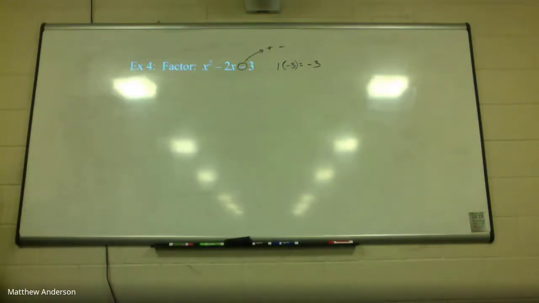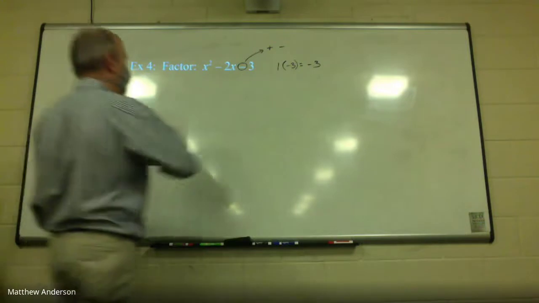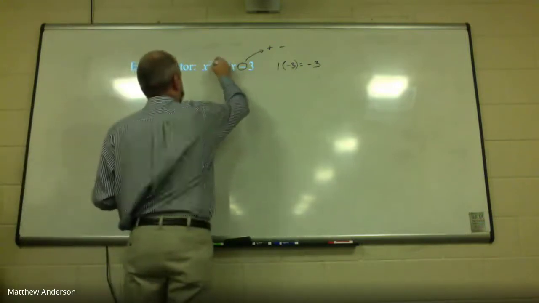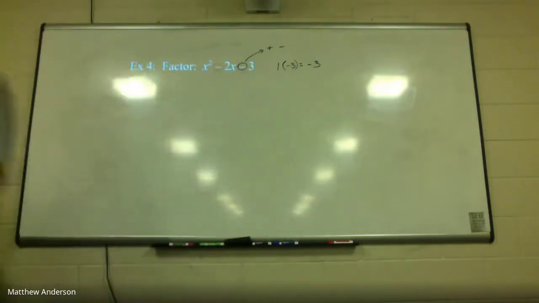Okay? Then we still look at the middle. This time it tells us some different information though. When you add, and we may be digging down deep into our memory banks here, when we add numbers that have different signs, and we're not using a calculator, how do we add them?